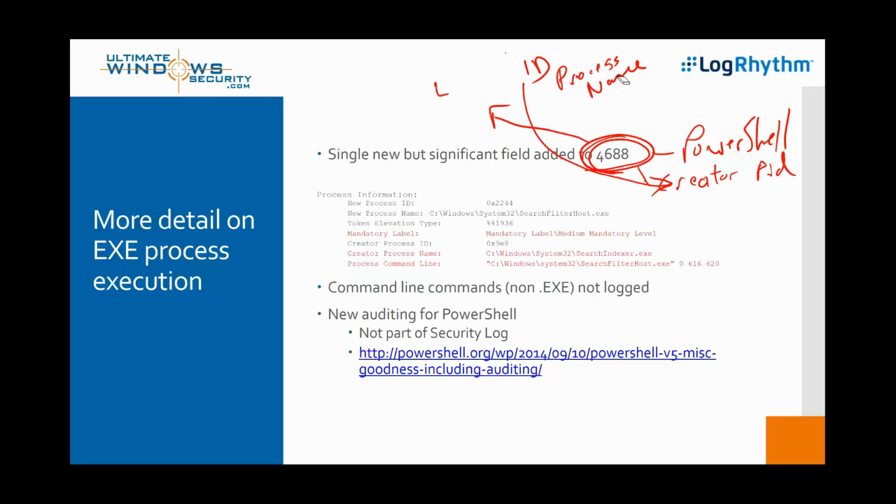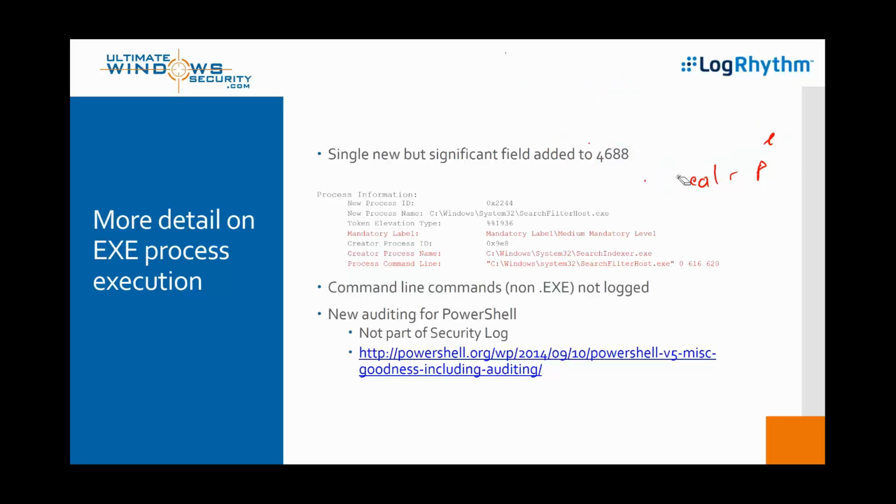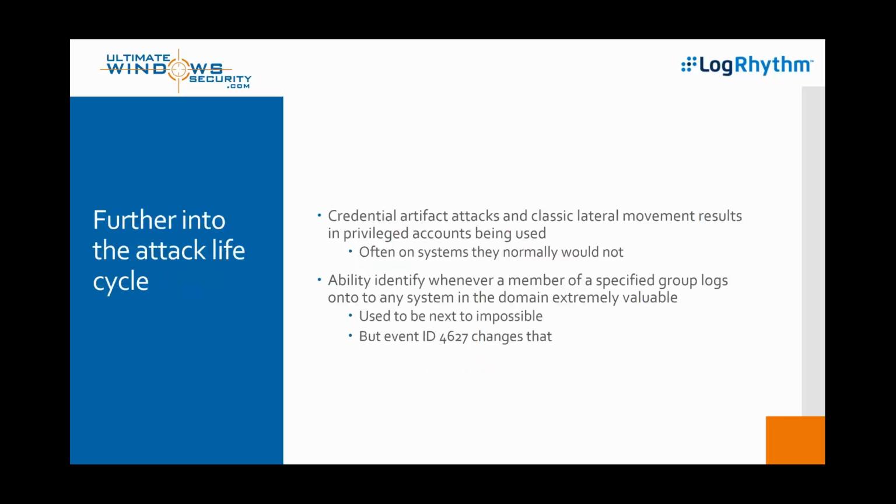Now, that lineage is so important, and I think I've described it already in this webinar, because you're going to see some really odd things. Seth, if you see Microsoft Word or Acrobat or Internet Explorer starting up administrative programs, that's like a smoking gun. Wouldn't you agree?